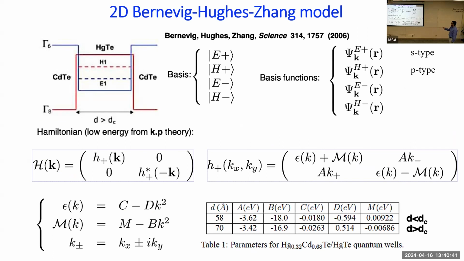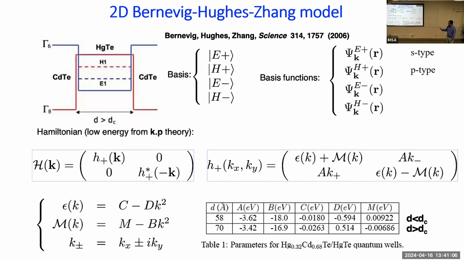We have S-type and P-type orbitals that are named E and H, and we can have the spin up and spin down wave functions. And we have also here the Hamiltonian, similar to Haldane, two copies of the Haldane model. And we have here the parameters for the mercury telluride quantum wells.